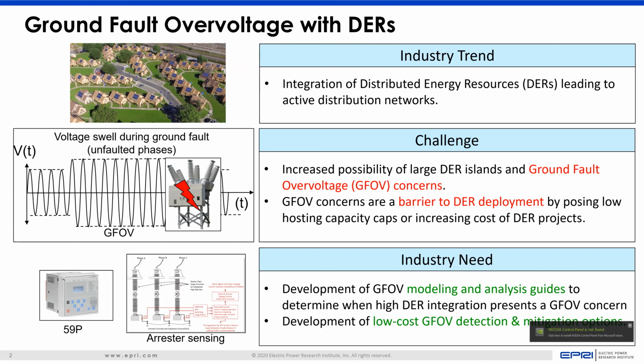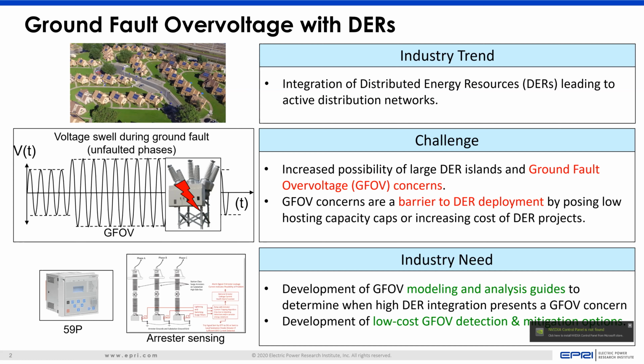Essentially, when there's a fault upstream and the main breaker of the distribution feeder opens, a chunk of the distribution system becomes islanded and continues to be energized by DERs. That's what we mean by an island. And this increases the risk and possibility of a ground fault overvoltage and leads to GFOV concerns.